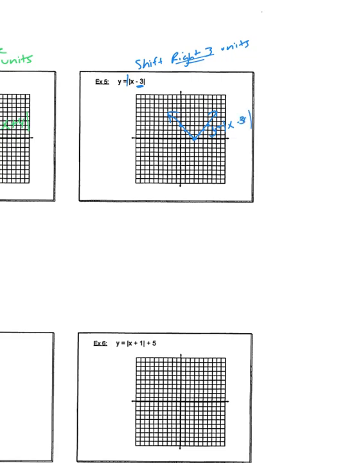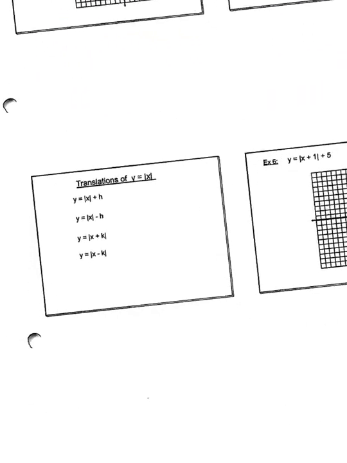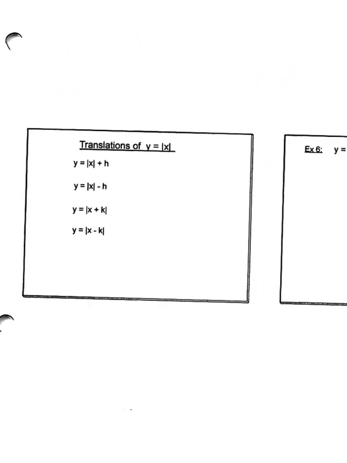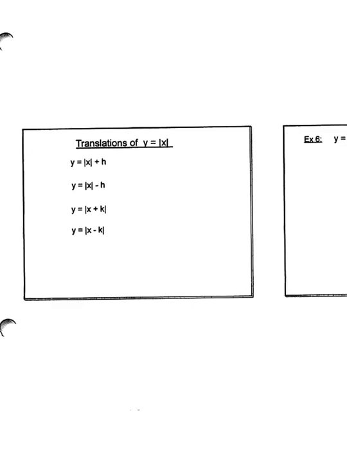Okay, so as a summary of everything we just did, down here, these are translations of y equals absolute value of x. Remember, y equals absolute value of x is your parent function. Parent means the most basic version of it. If you have a number added or subtracted on the outside, it's going to translate up and down.